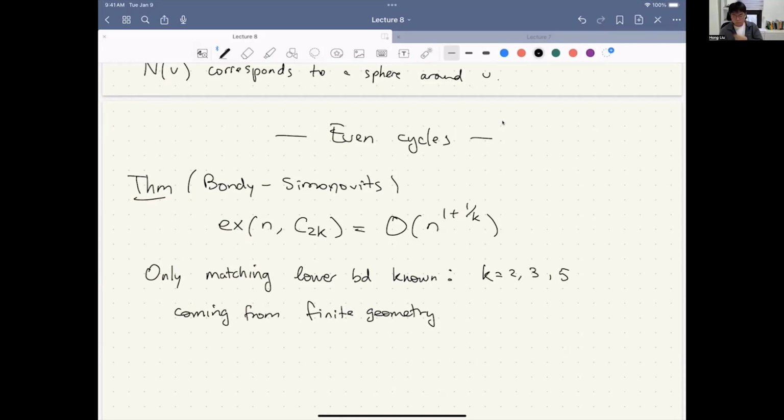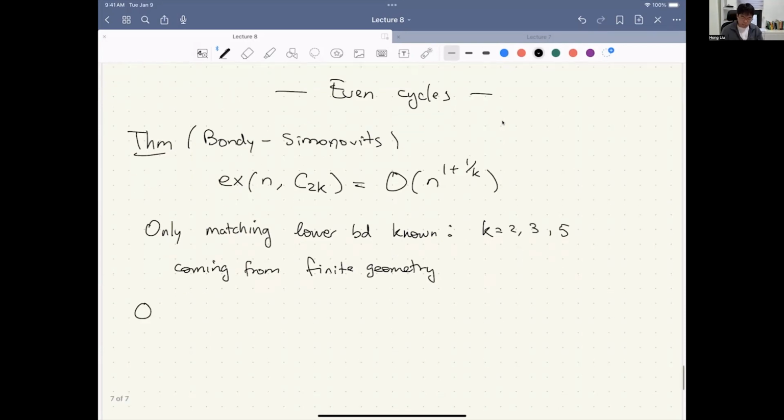So maybe the simplest open case, as you see, there's no 4 here. So we don't know what's the exponent of the extremal number of C8. For example, for C8, we have n to the 5 over 4.